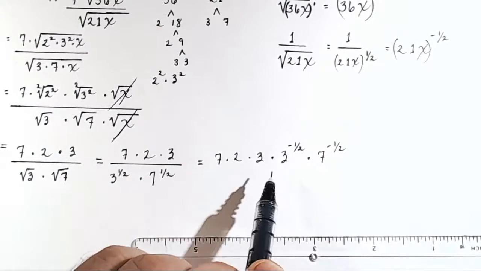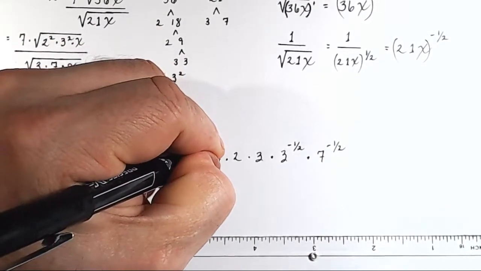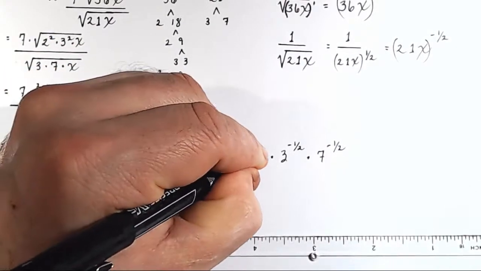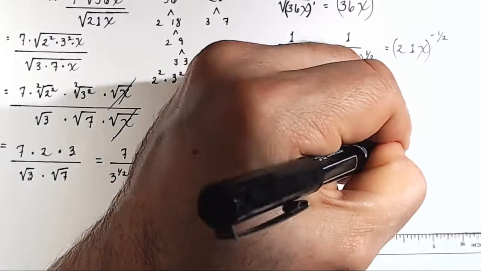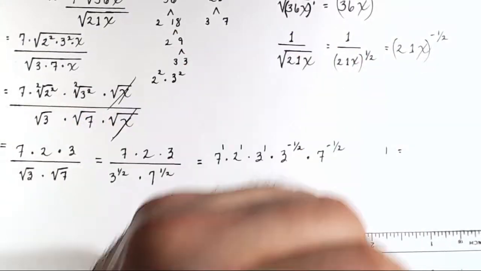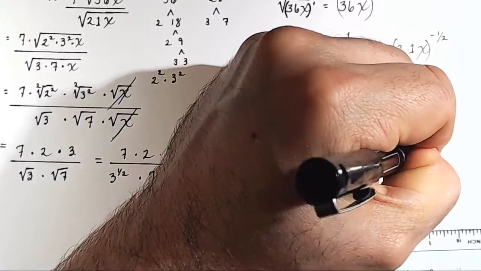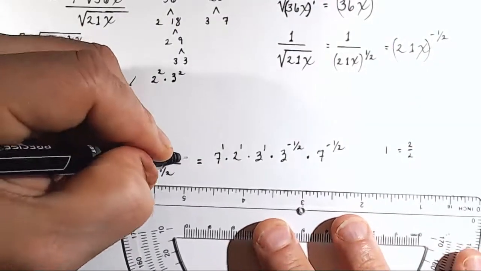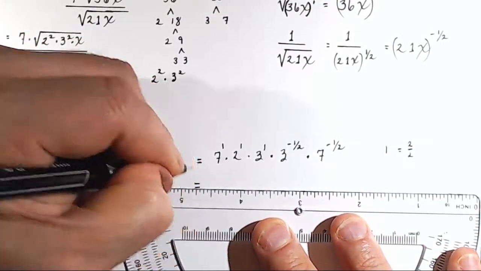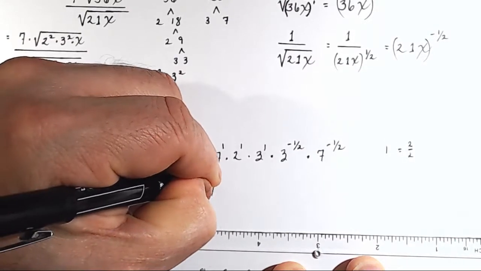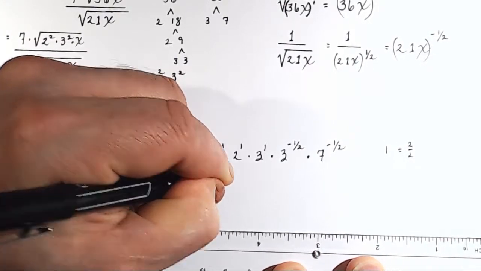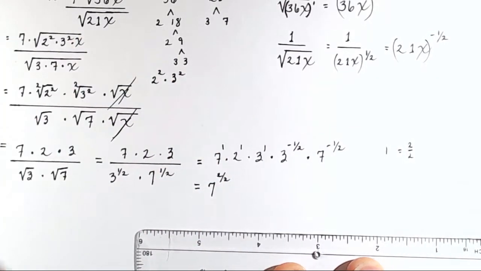So now we're going to group. Let's remember, these are all 1's here, and 1 can be rewritten as 2 over 2. So let me rewrite this as 7 to the 2/2 power, which is just 1.